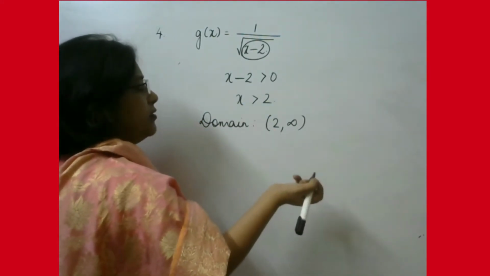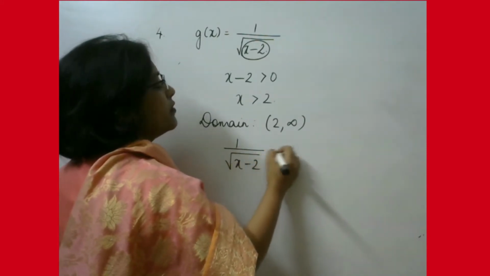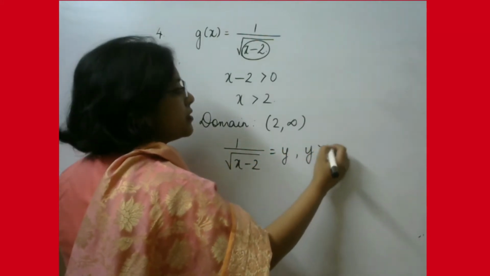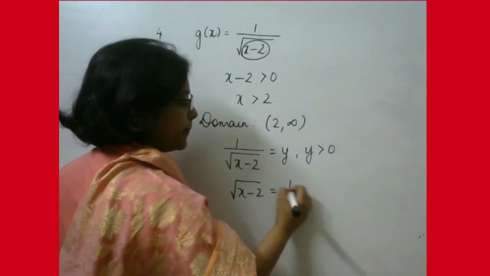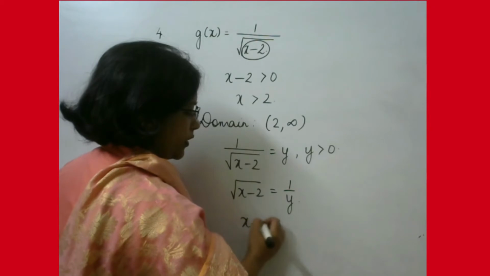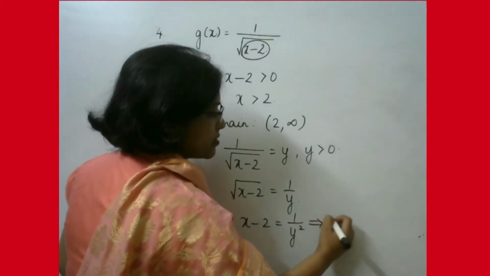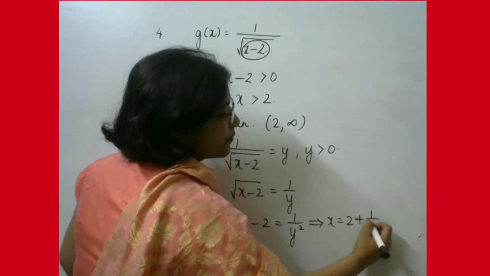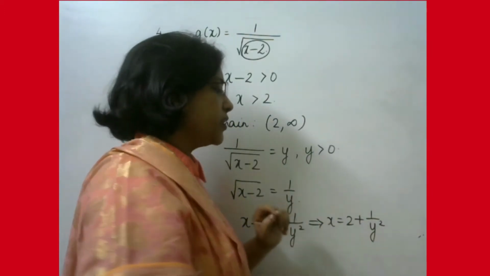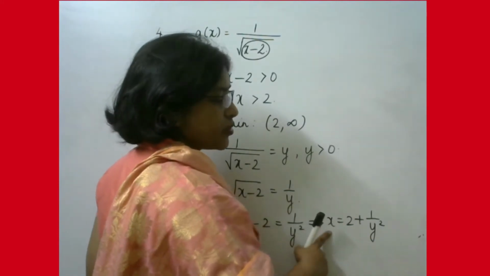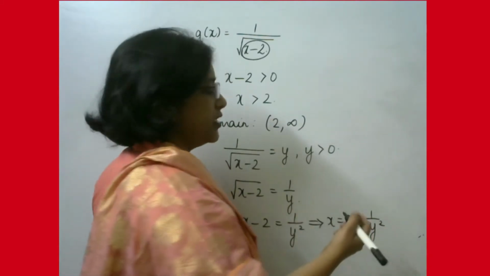So to find the image, let us equate to y, wherein we also know that y is greater than 0. So let's take reciprocal on both the sides, squaring both sides, and so x is... So we see that if y is going to be greater than 0, then it is going to define all values of x.